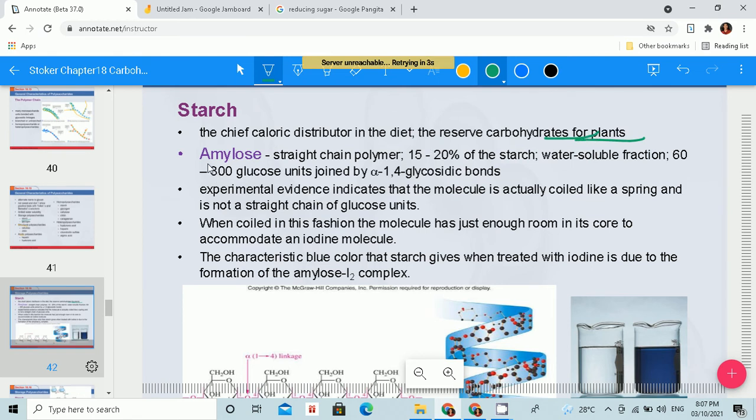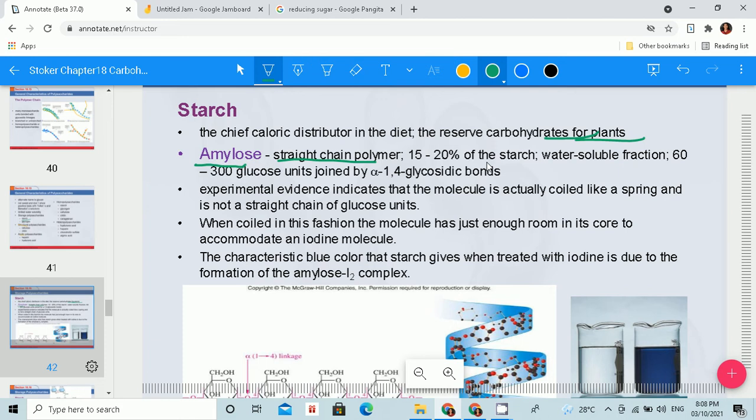And we have two types of starch. First, amylose. It's a straight chain polymer, meaning it's unbranched. It makes up 15 to 20% of the starch.